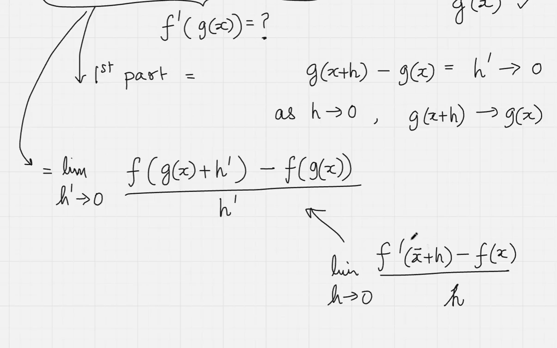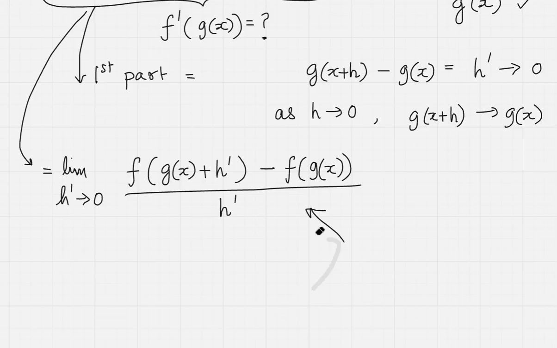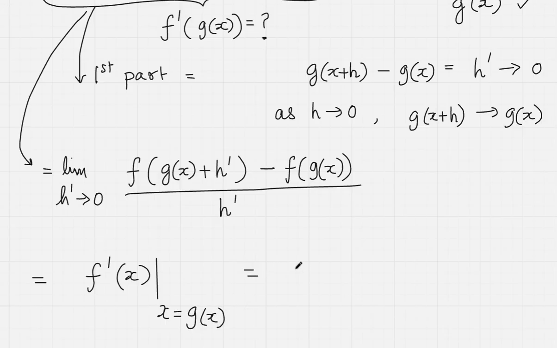Plus, instead of x, we are using g of x. Right? Wherever x is there, we put g of x. So that is why this expression here is not exactly f dash of x, but it is f dash of x at g of x, like when x is g of x. Or you can also say this is equal to f dash of g of x, right? So that is it. This is the proof.